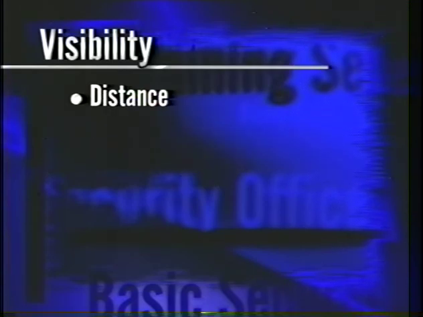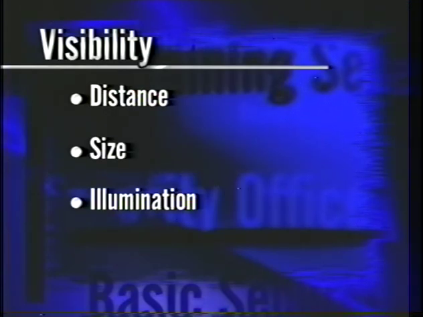You do this by appreciating the abilities and the limitations that you have with regard to those five senses. First, sight. Visibility of an object depends on three things: distance, size, and illumination. Problems with sight center around two things. First, your position, and second, your perception of what you see.